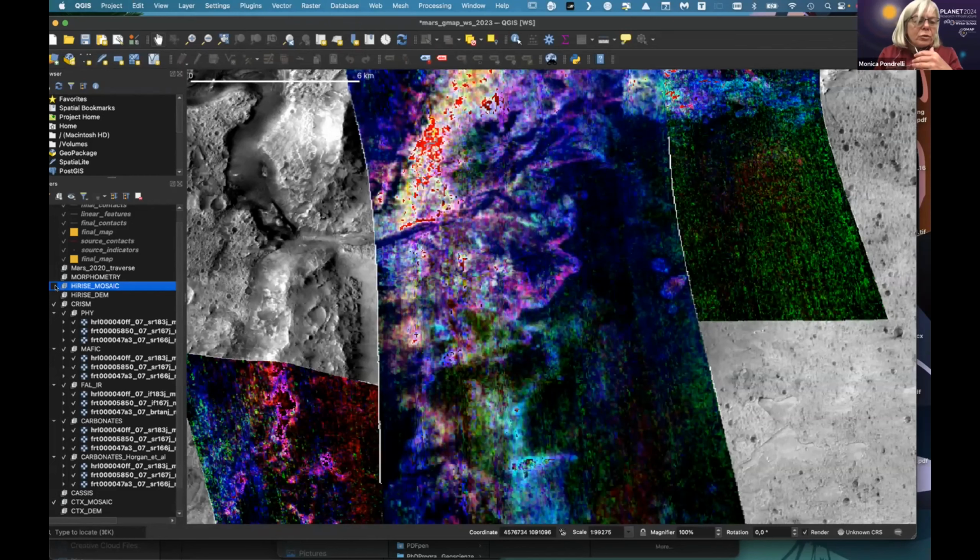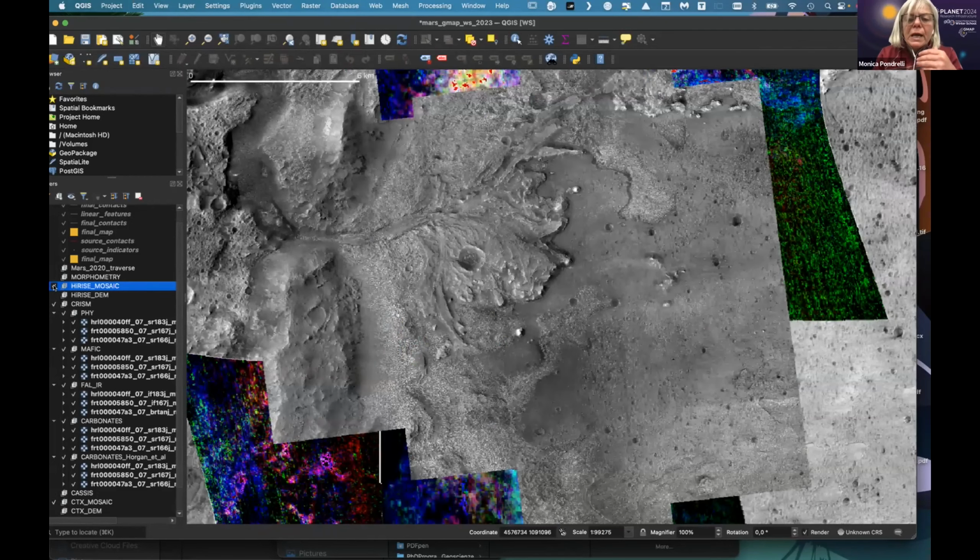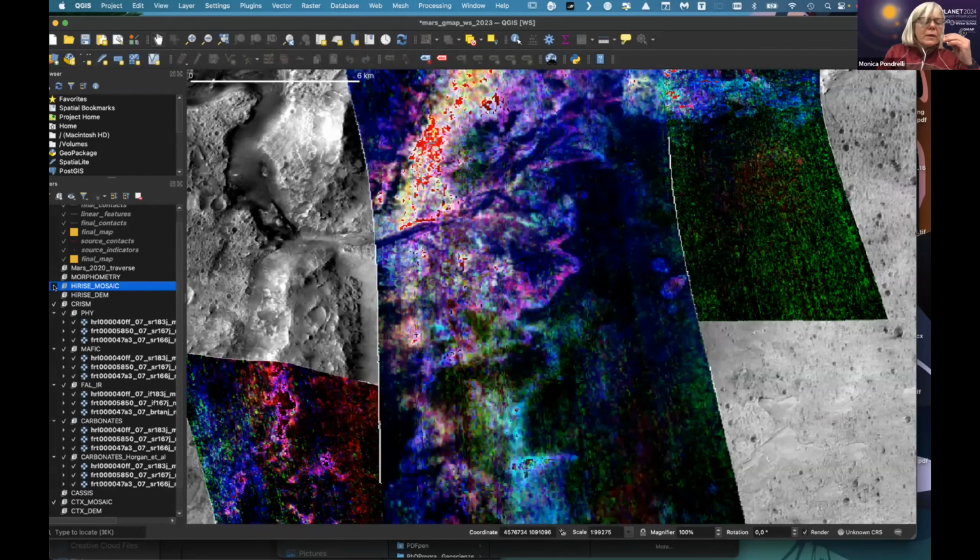So associating morphological data and spectral data is a very powerful tool to constrain the interpretation together.